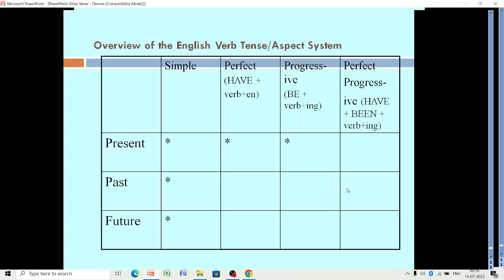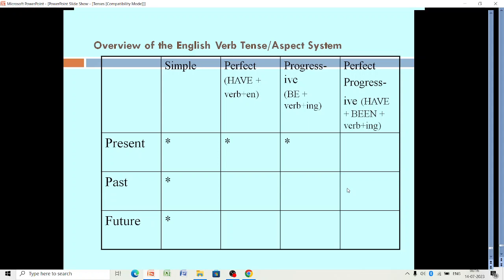And an overview of the English verb tenses: present, past, future, and each is simple, perfect, progressive, and perfect progressive. Perfect is have plus the third form of the verb, and progressive is the be form of the verb, the auxiliary verb, plus ing; perfect progressive combines them.